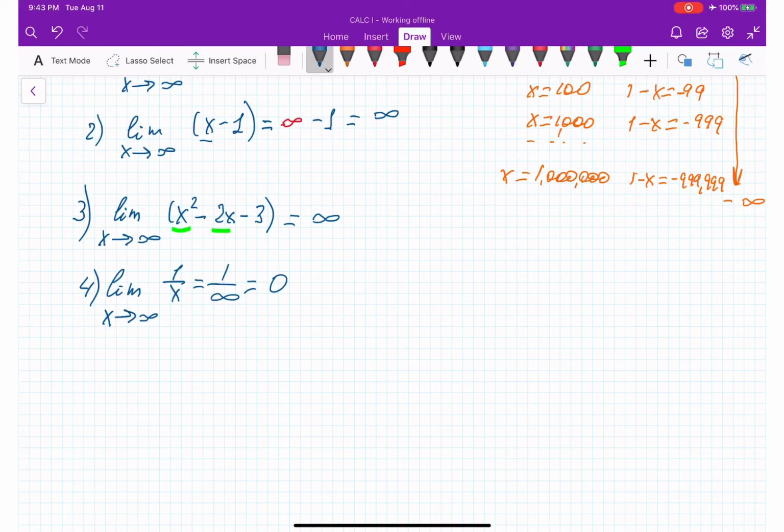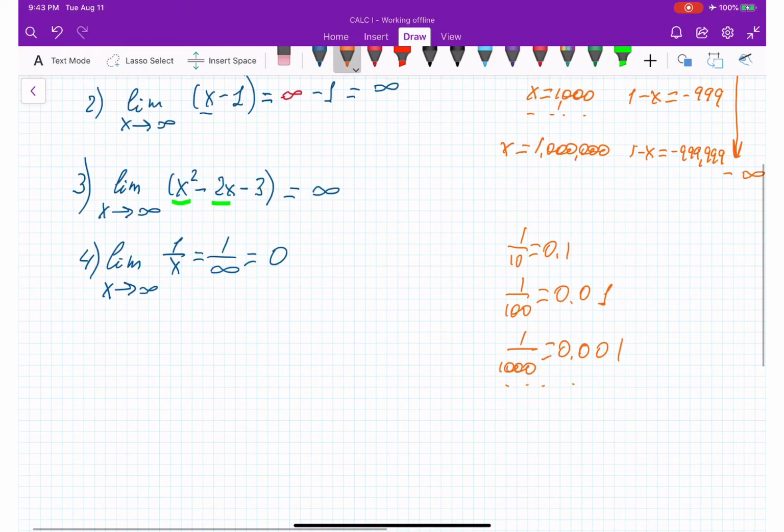1 over 10 is equal to 0.1. Yes? I'm taking 1 over 100. So I'm increasing. It's going to be 0.01. 1 over 1,000 is going to be 0.001, dot, dot, dot.